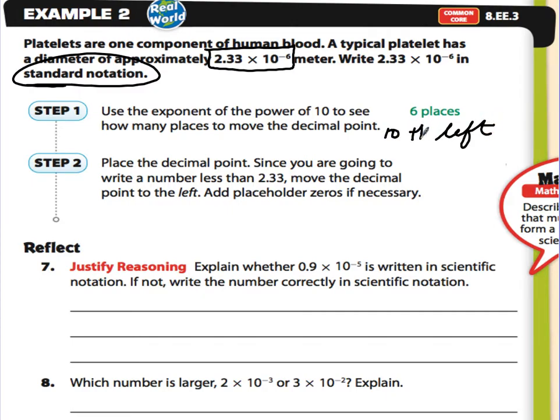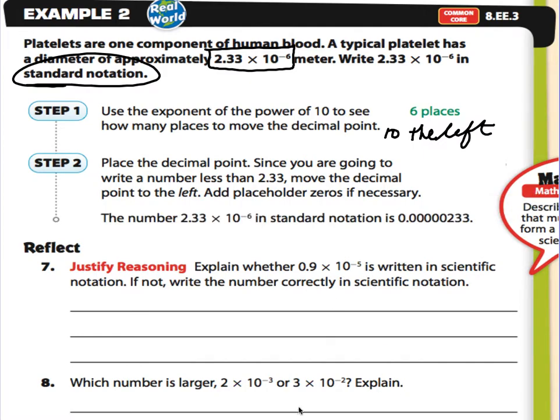Place the decimal point. Since you are going to write a number less than 2.33, move the decimal point to the left. If you wrote this up here, you do not need to write it again at the bottom. Okay?